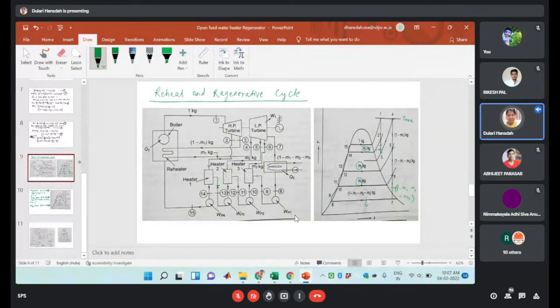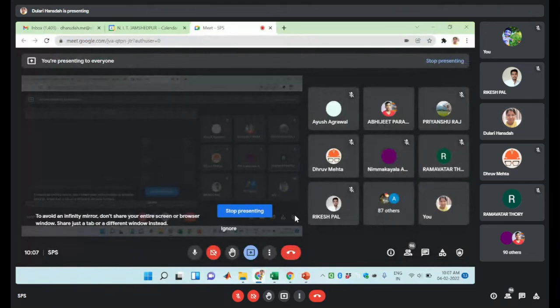So here the entry point is 6, so that will be M3 H6, and in this case the amount of mass is 1 minus M1 minus M2.